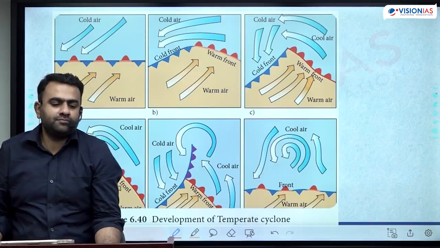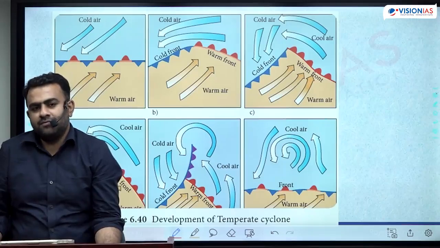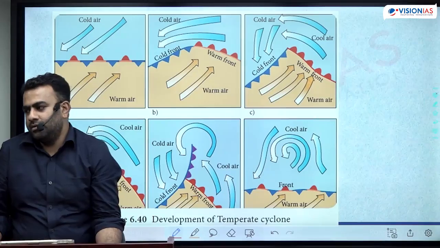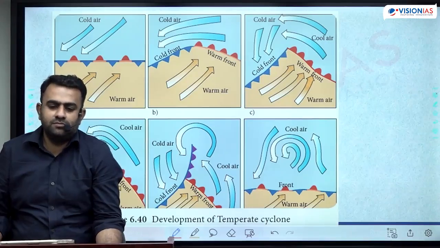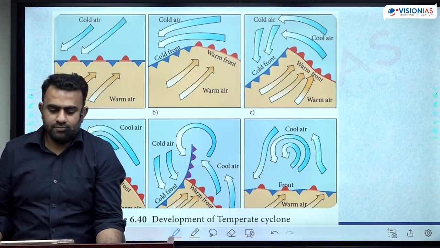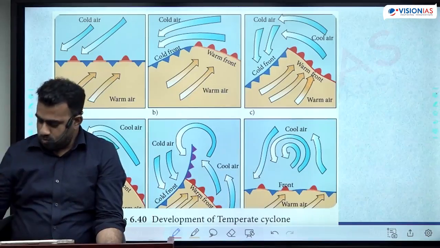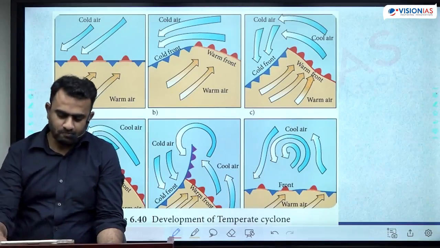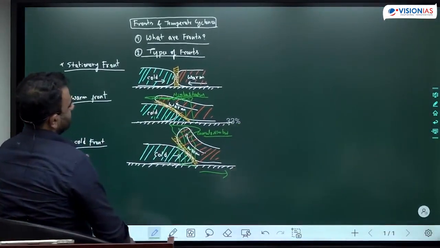With occlusion and complete upliftment of warm air, it results in frontolysis. So next subheading, temperate cyclones.